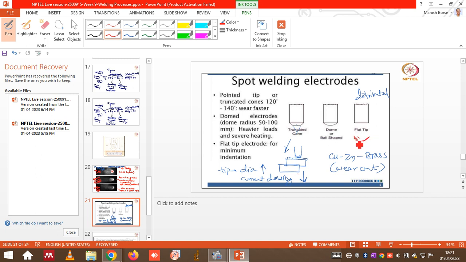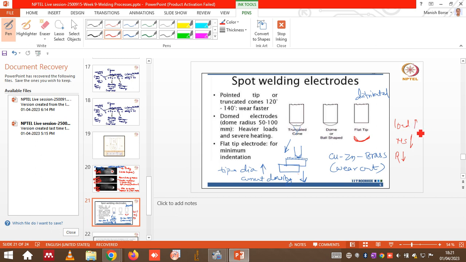So if the load increases, nugget size decreases, right? Because resistance will decrease, because it will squeeze out all the air.